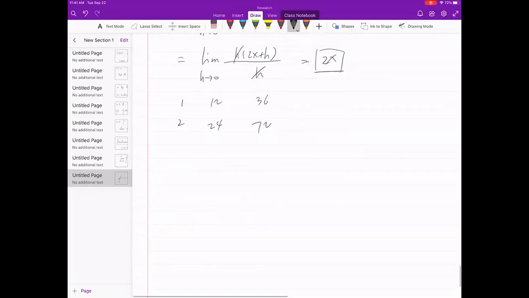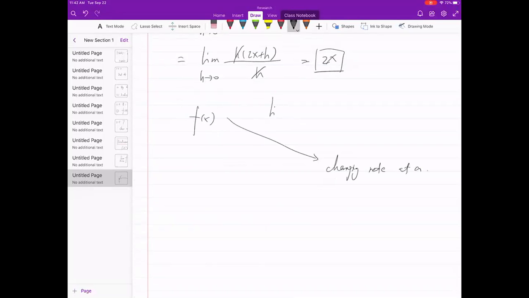Okay? This is actually a very valid point in real life. You have some f(x), and you want f's changing rate at a. What do you do? You do this. Which is great. Problem, every time you change a, you redo this.